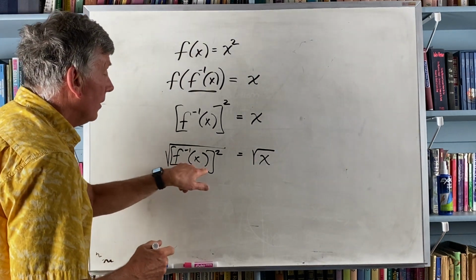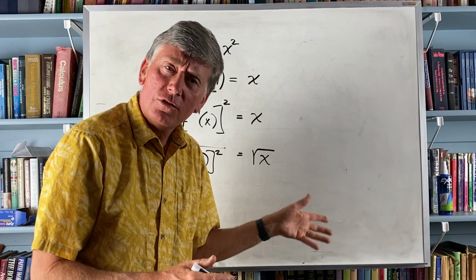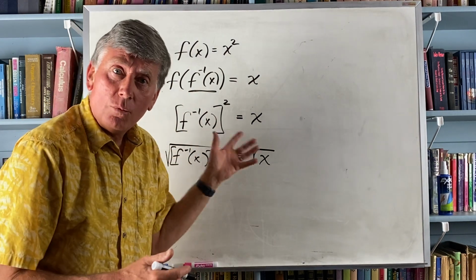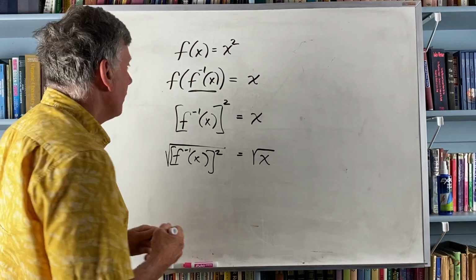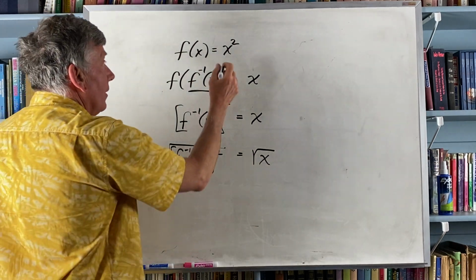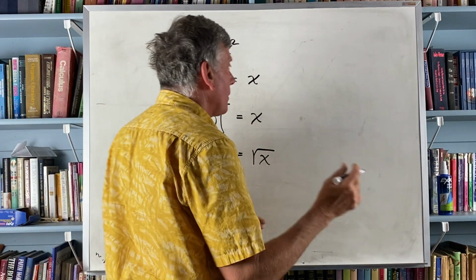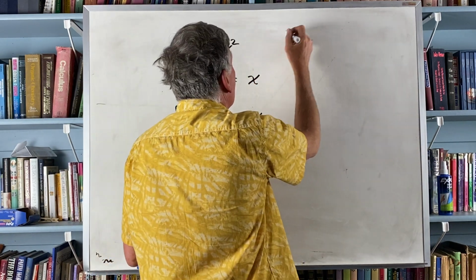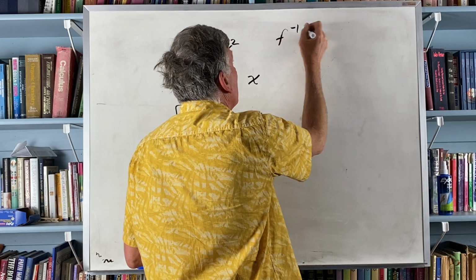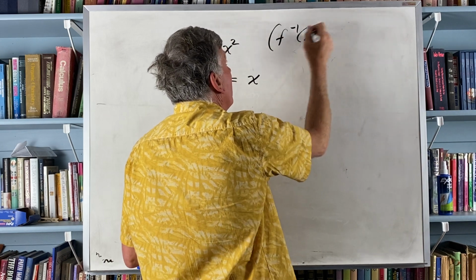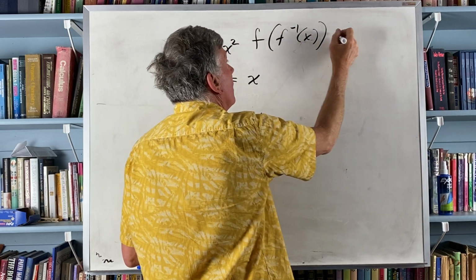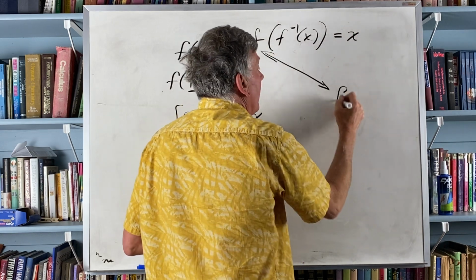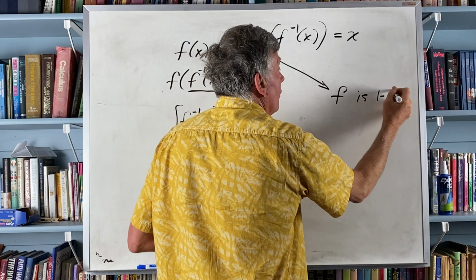By the way, I'm not going to use my square root property here because I have one-to-one functions. I shouldn't have skipped that part, but f inverse of x and taking f of that demands that f is one-to-one.